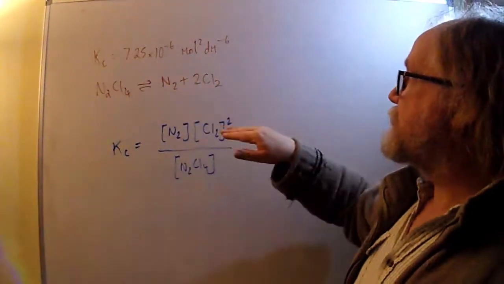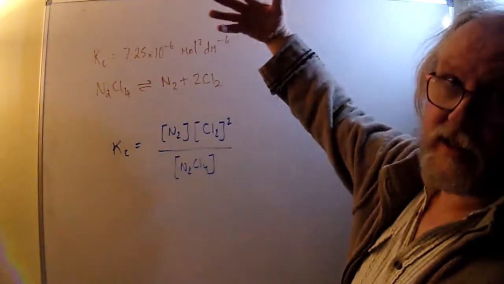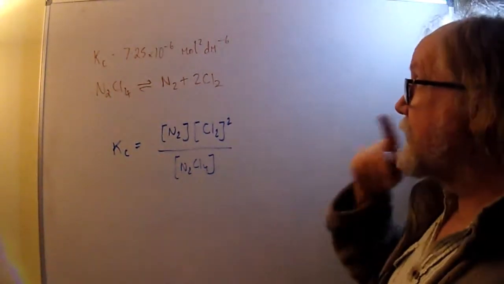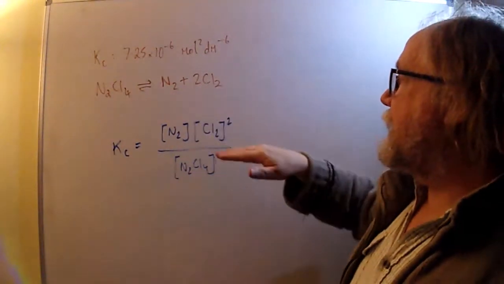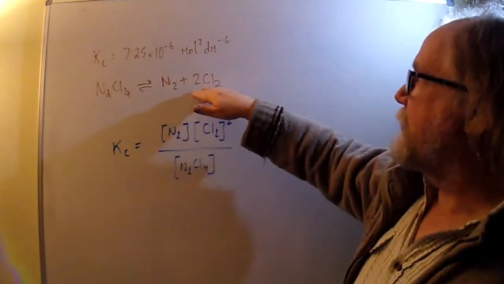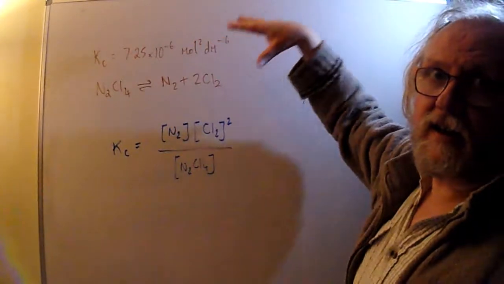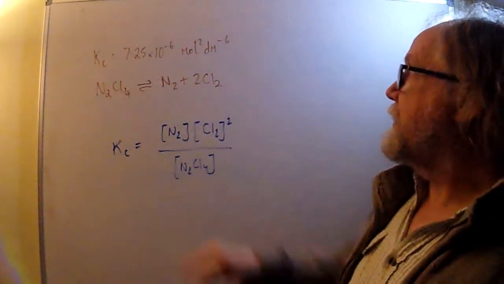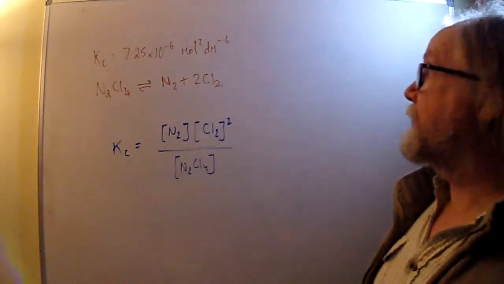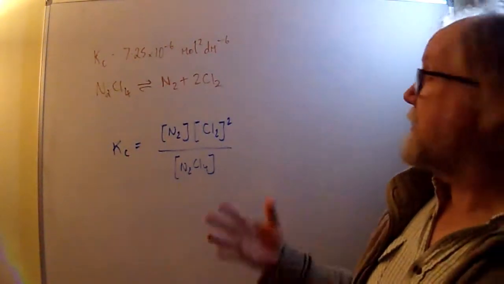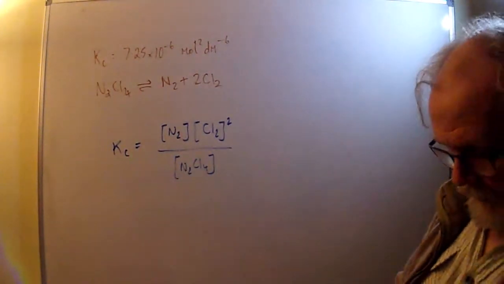Remember, when you increase the concentration of something, the rate in general you expect to increase in some way depending on the rate equation. So if we've got too much of the stuff on the right hand side, which is what we have, we're going to expect the back rate to be higher than it would be at equilibrium. Equally, we've got too little of the stuff on the left-hand side, so the forward rate is going to be lower than it would be at equilibrium.